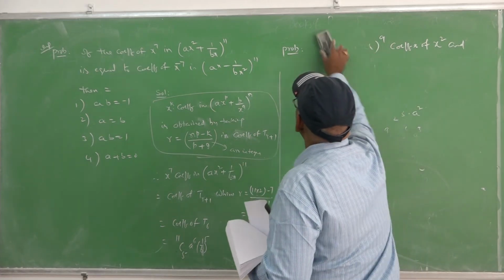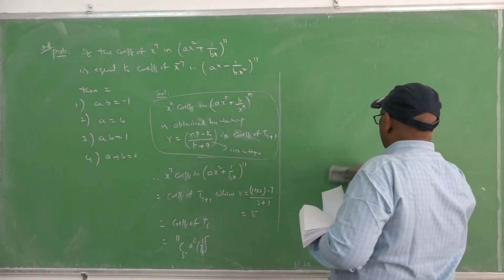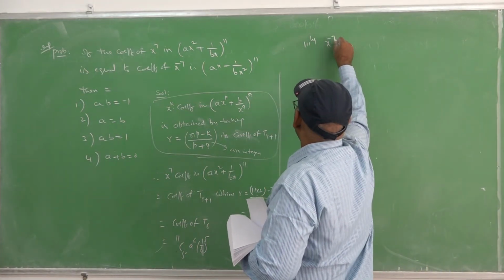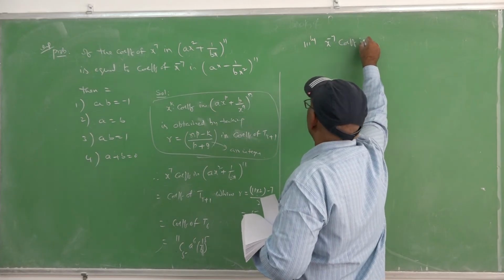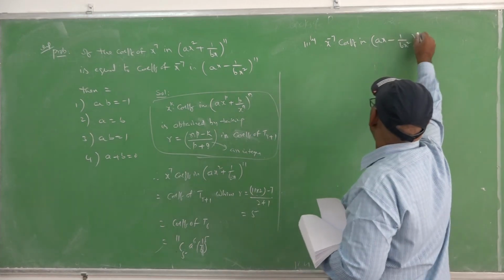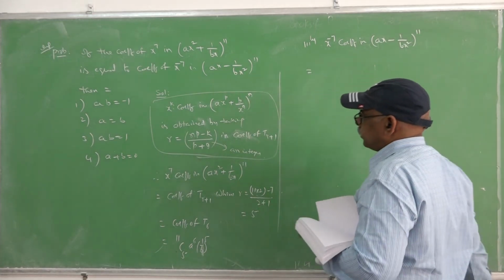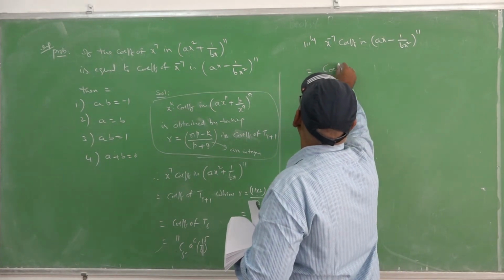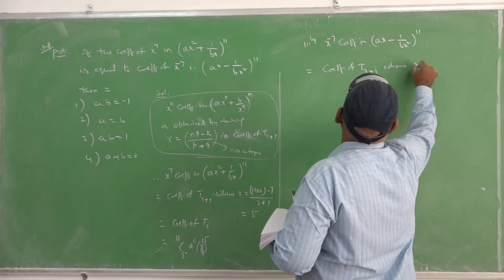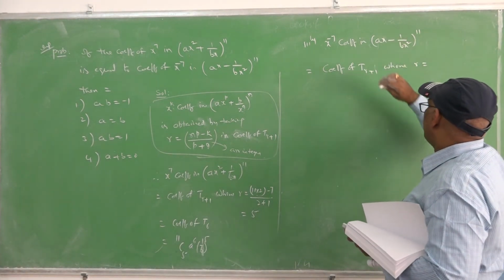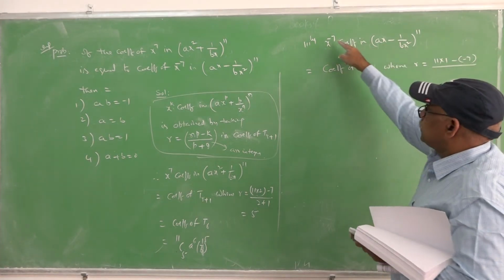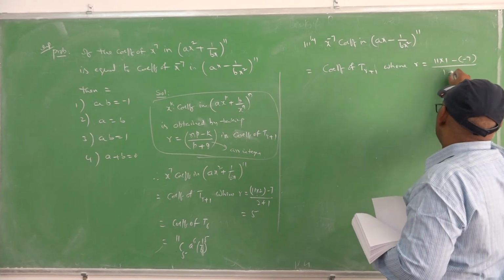Similarly, the same concept can be applicable to the second expansion. X power minus 7 coefficient in (a x minus 1 by b x square) whole power 11 equals coefficient of t r plus 1, where r takes the value 11 into 1 minus of minus 7, because this is minus 7, by 1 plus 2.